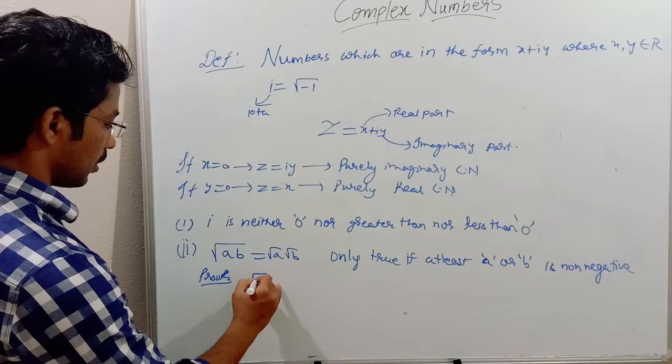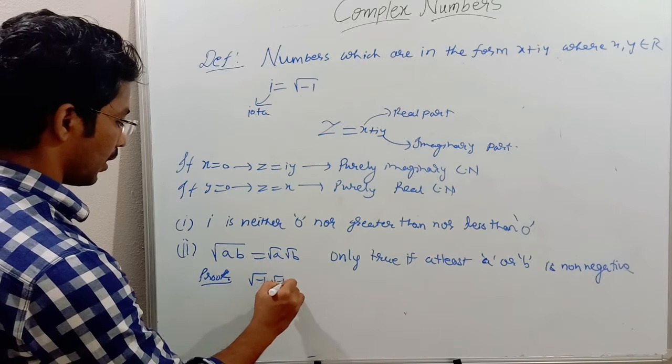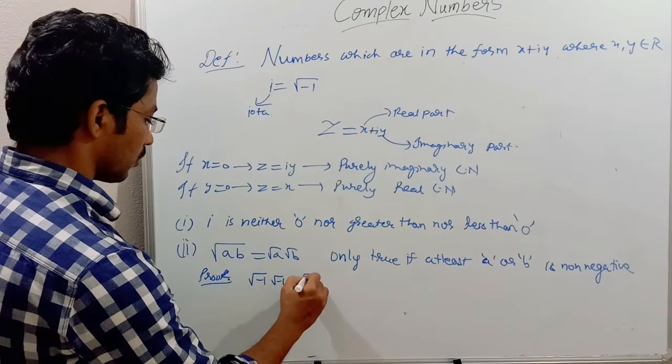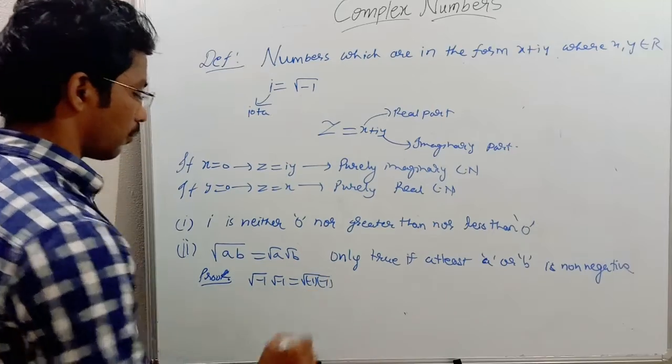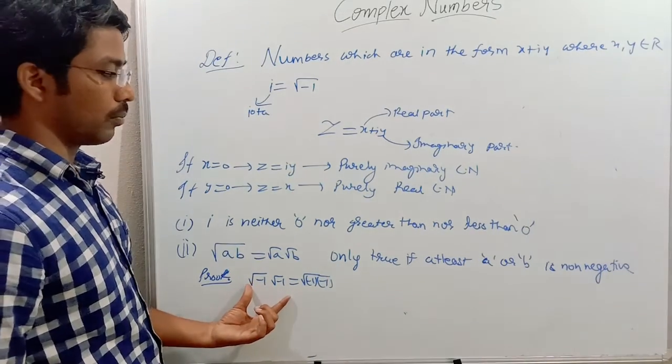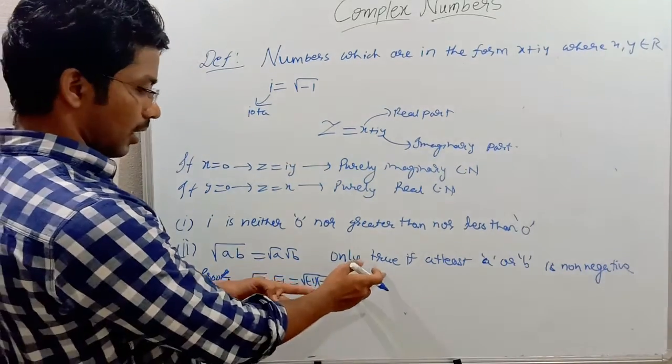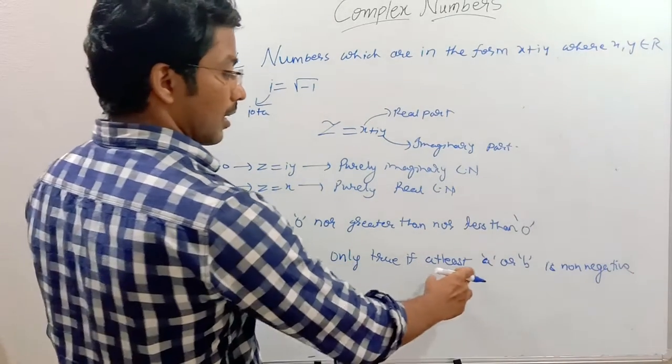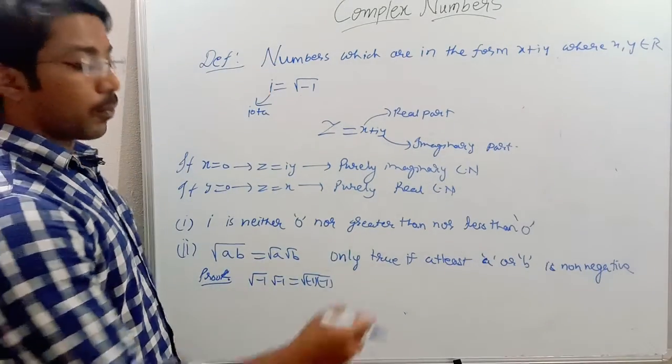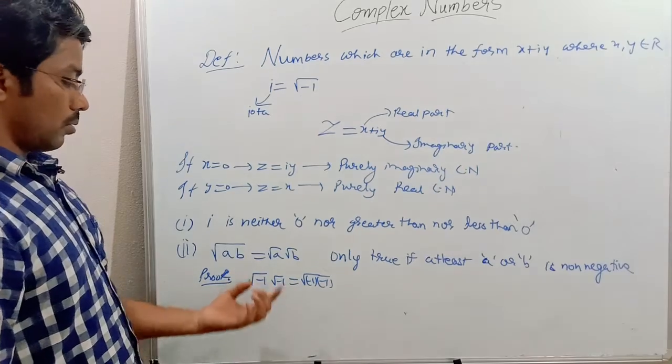If I consider -1 into -1 is equal to square root of -1 into -1. I am applying this formula for both non-negative numbers. So according to this condition, at least A or B should be non-negative, nothing but positive. At least one of them should be positive.